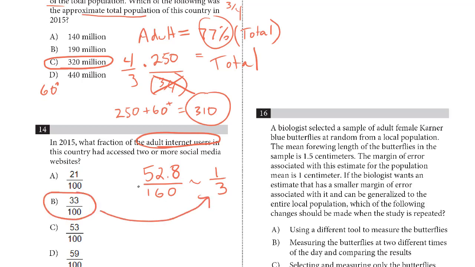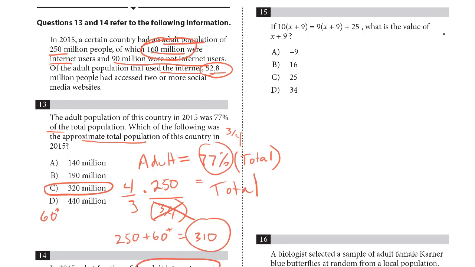I could have used my calculator to punch it in exactly again, but really no need to get the exact answer. Okay, 15. If 10x plus 9 equals 9x plus 9, notice those quantities in parentheses are the same thing, plus 25. That means I could do 10x plus 9 minus 9x plus 9, which is 1x plus 9 after I subtract this side from this side.